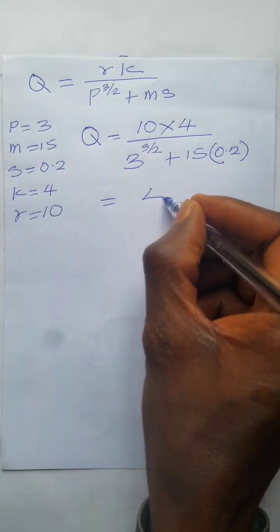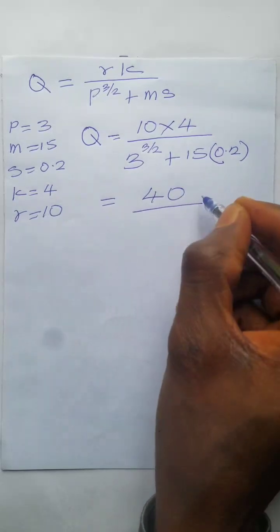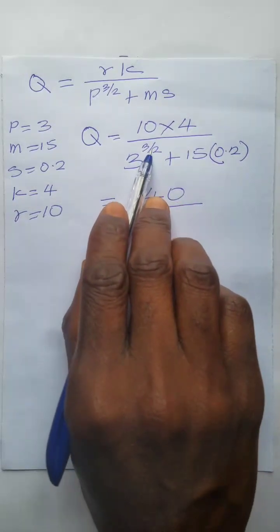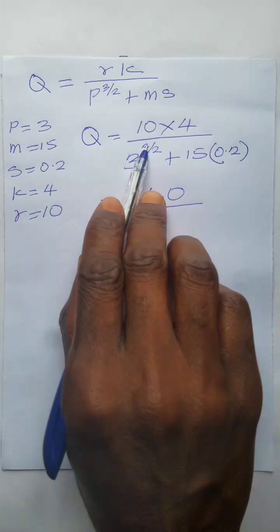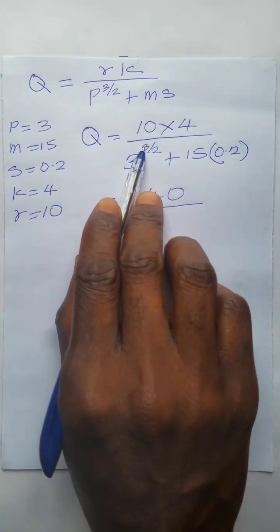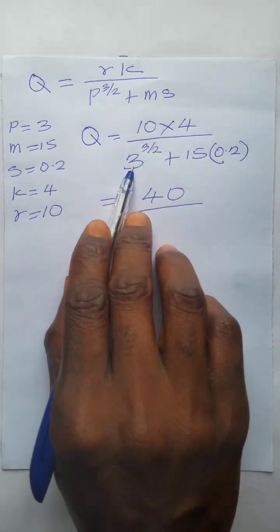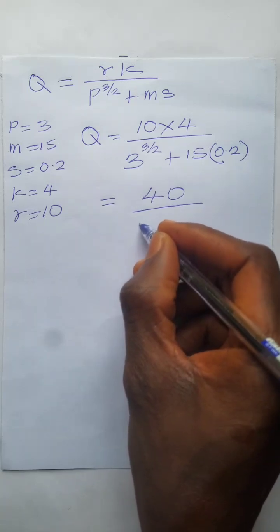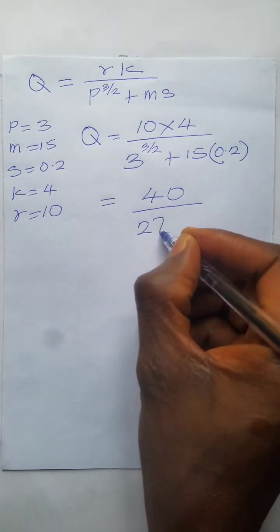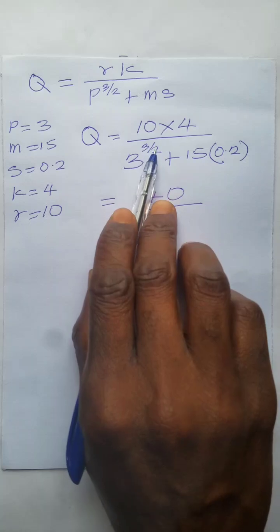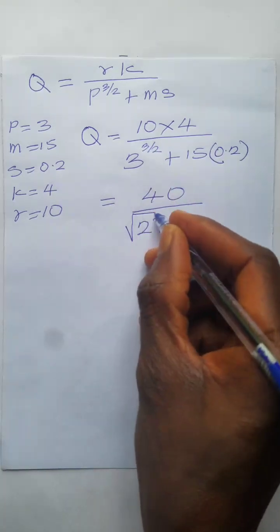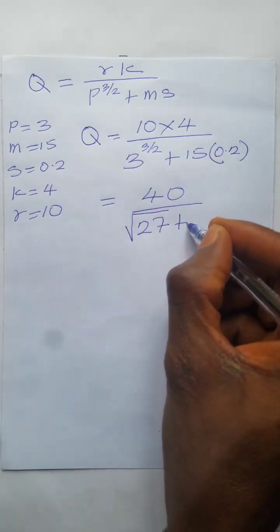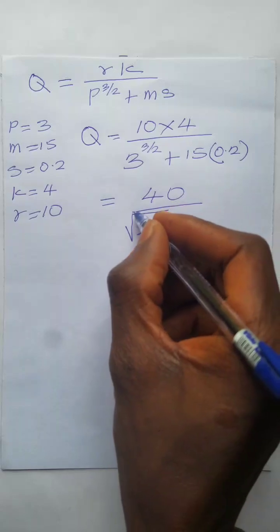10 times 4 is 40 all over. Since we can't find the square root of 3 easily, let's get this guy up: that is 27, 3 times 3 times 3, so that's 27. The power of 1 over 2 is square root. We know that, right? So we have square root there plus what's this?